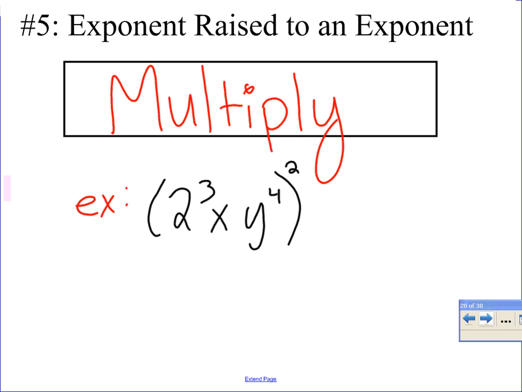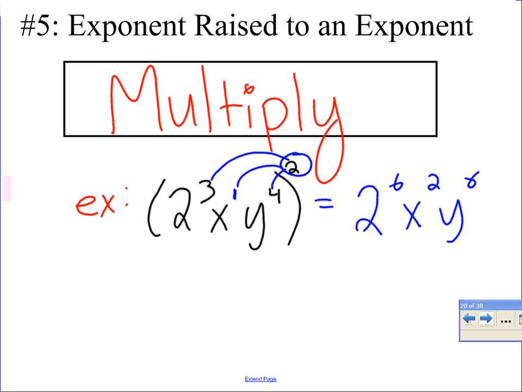So all you're doing here, I would say put a 1 where the x is, and we're distributing the 2 to every term inside parentheses. Leave your answer in exponential form. What would the answer be? So leave it in exponential form. Heather? Oh, good, I just didn't hear you. Awesome. So multiply your exponents. You get 2 to the 6th, x squared, y to the 8th. That's it.